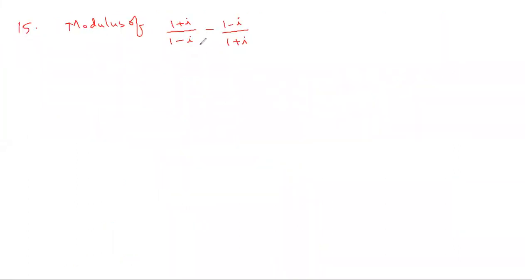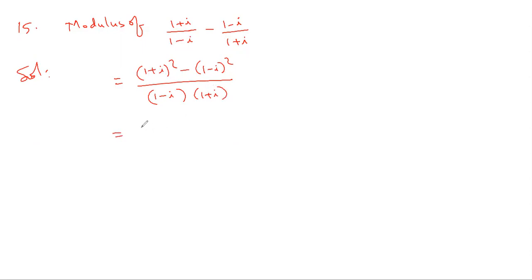They just asked us to find the modulus. If we have a product, we can use the modulus separation formulas. Because we have a difference, what we do is we simplify this first. Cross multiply: 1 plus i the whole square minus 1 minus i the whole square by 1 minus i into 1 plus i. The formula a plus b whole square minus a minus b whole square is there.